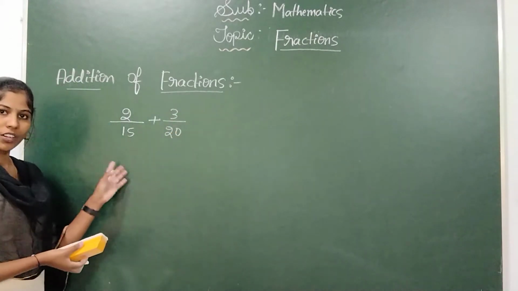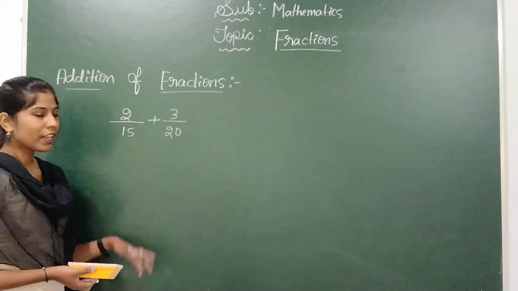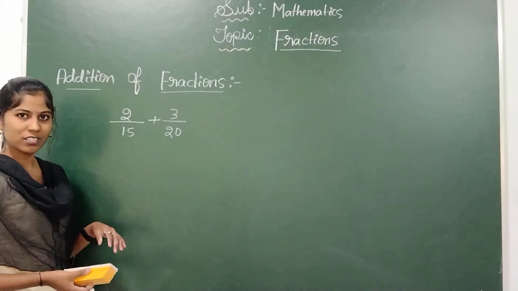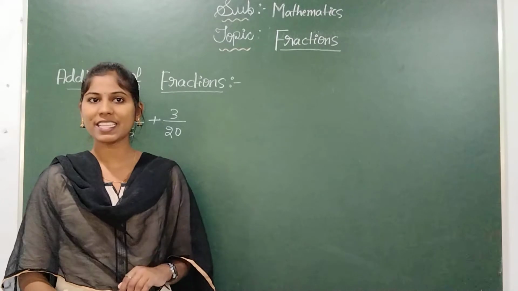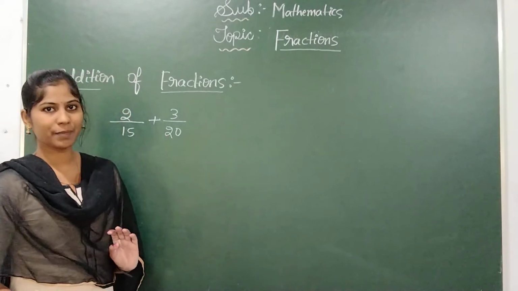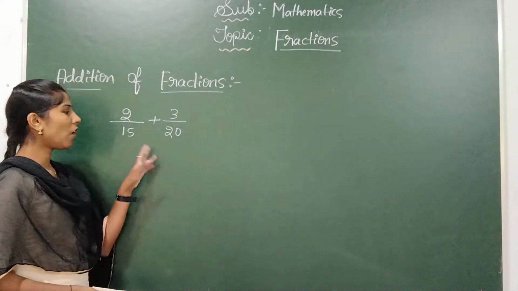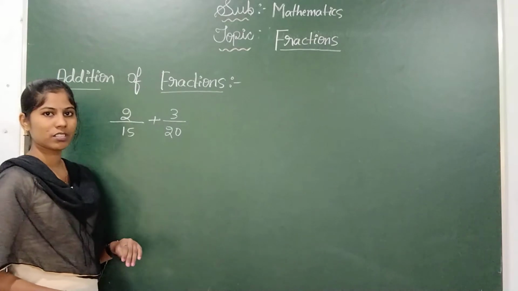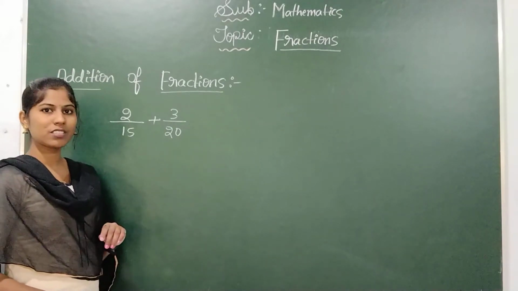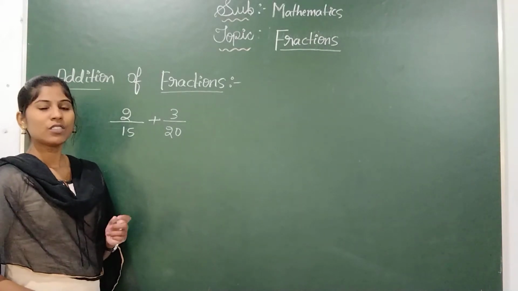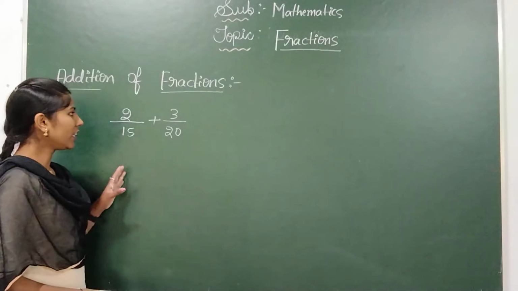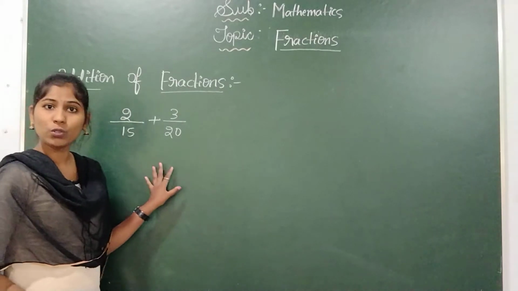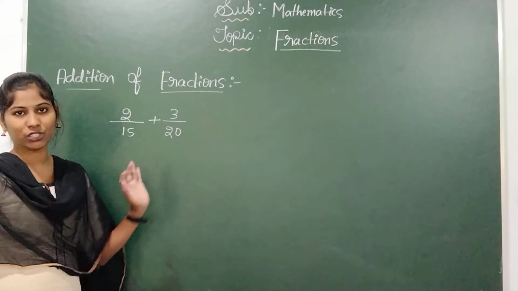These two are unlike fractions. If they were like fractions it would be very easy: add the numerators and write the denominator as it is. But these two are unlike fractions, so you have to follow the steps.